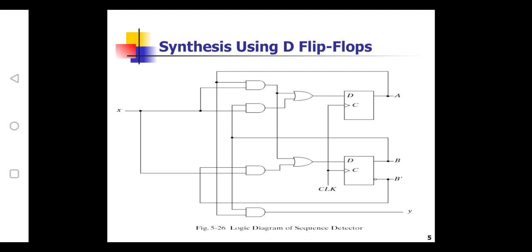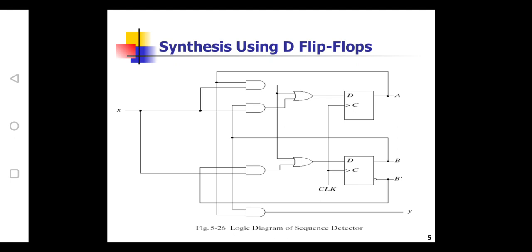Then we need to simplify by using a K-map. Whatever expressions we get from the K-map, we need to draw using basic logic gates. This is how to design any sequential circuit by using any type of flip-flops with a synchronous clock application.